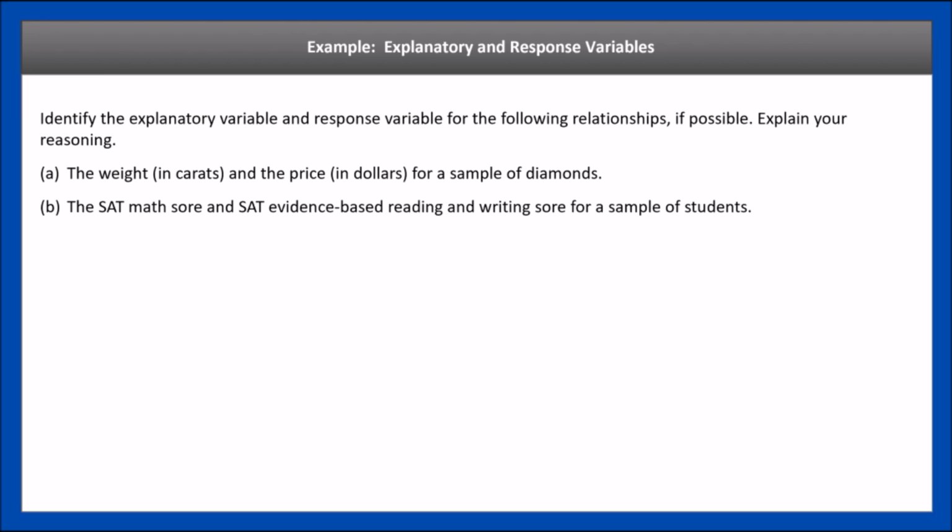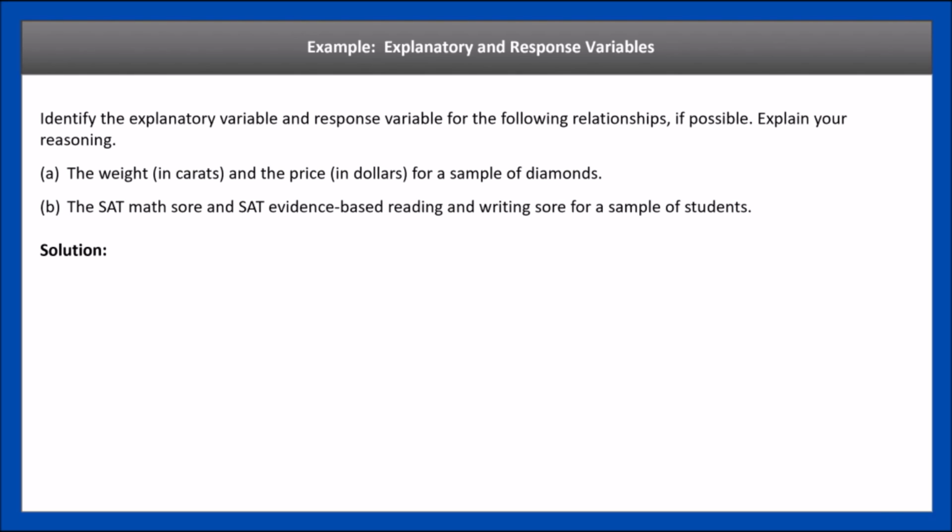There are some instances where the explanatory and response variables may actually be either variable, and it's not clear-cut which one is the explanatory variable, but we'll look at some examples here. Let's look at the weight in carats and the price in dollars for a sample of diamonds. We want to determine which of these is explanatory.